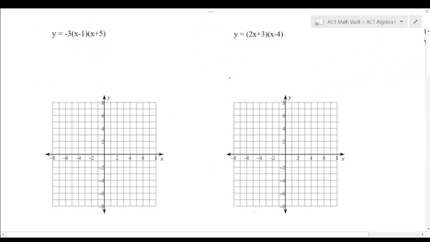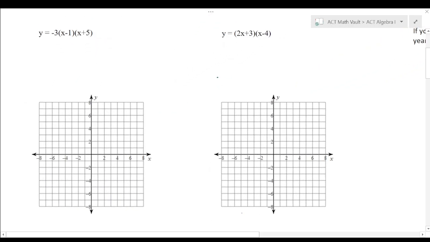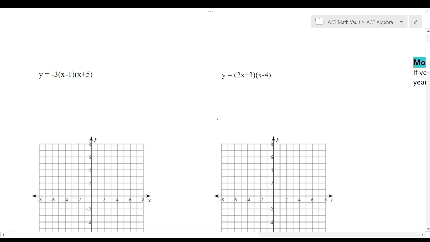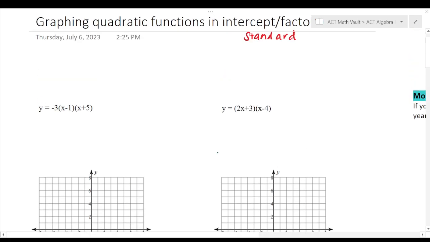Right here, this is already factored for us. So what we can do is figure out, remember that roots, zeros, and x-intercepts are all the same thing.